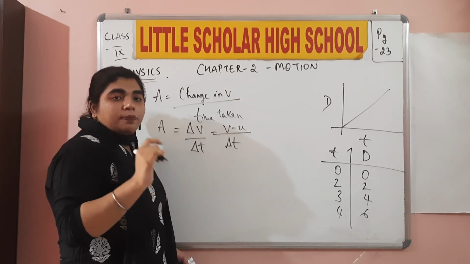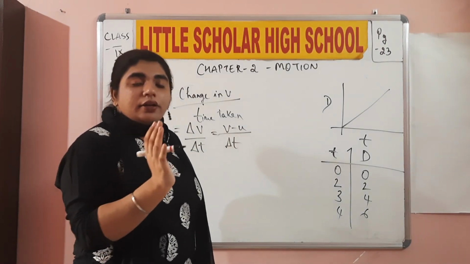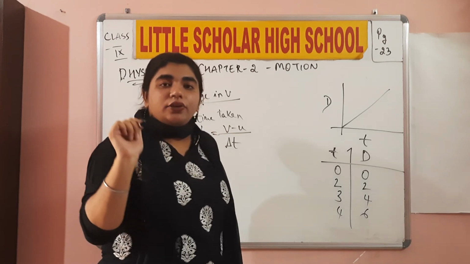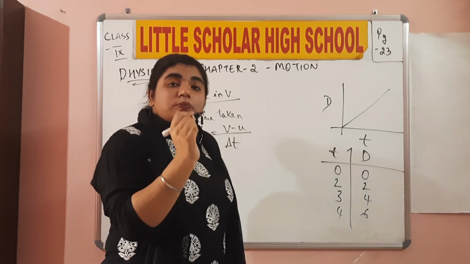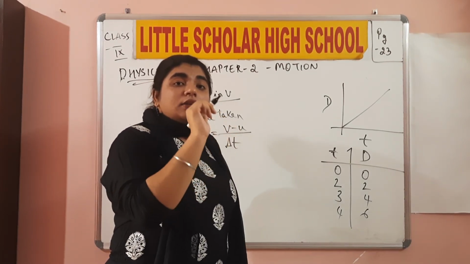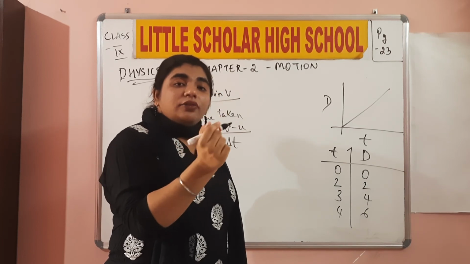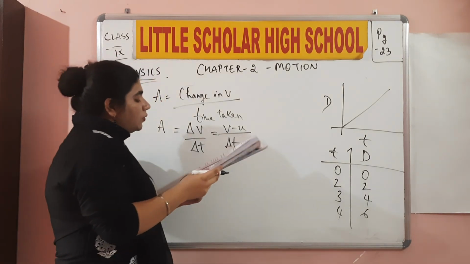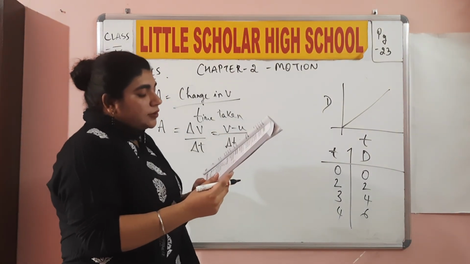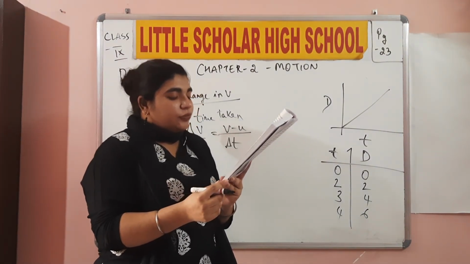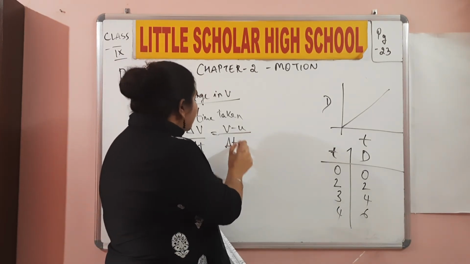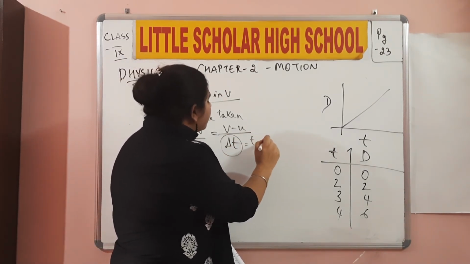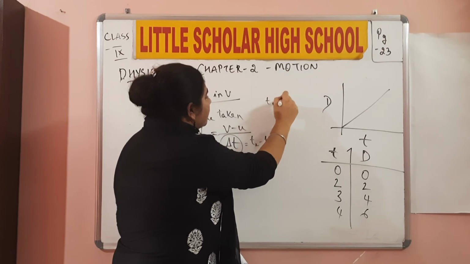At t1 the body started moving with an initial velocity u. At t2 the body had the final velocity v and reached the destination. It is like this. So now let u be the velocity at the time t is equal to 0. So delta t can be written as t2 minus t1. t1 is considered as 0 over here.